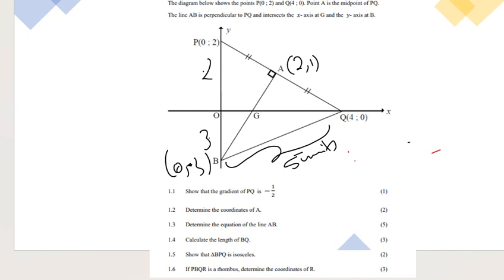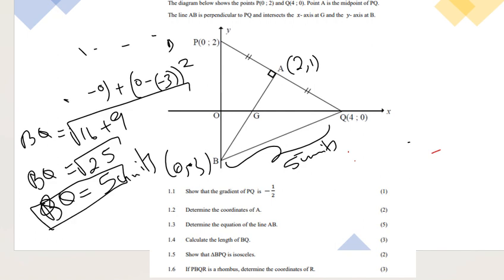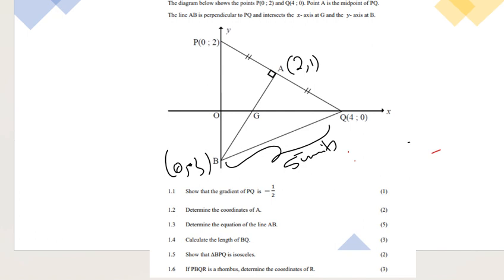I'm done. I've already found the answer, but let's work it out. You will see where I got this. Okay, we need to show the calculations. So let's calculate this length.